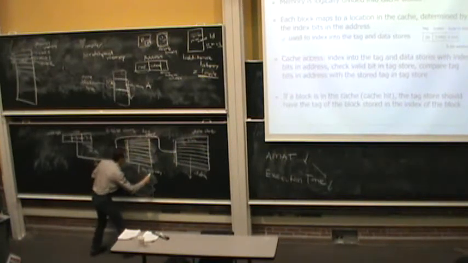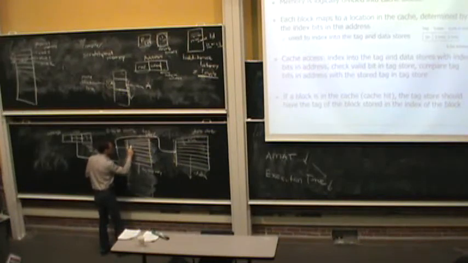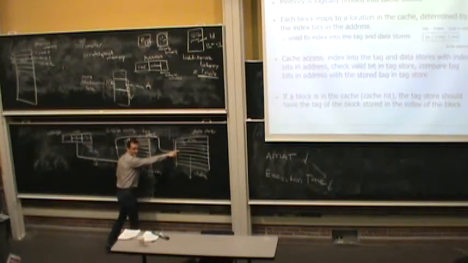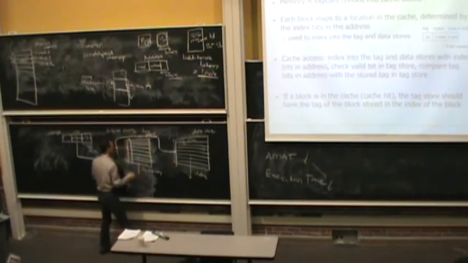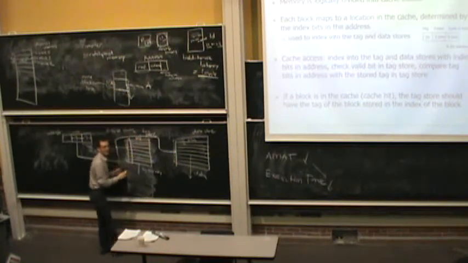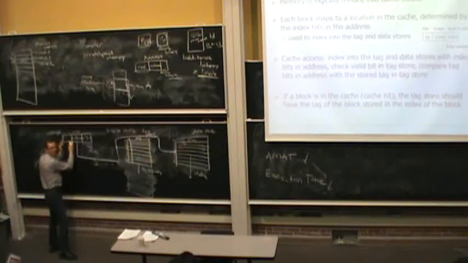It contains 1 bit saying whether the data is actually valid, whether you brought something meaningful to that location in the cache. And if the data is valid, what is the tag of the data? What is the remaining part of the address of the data?